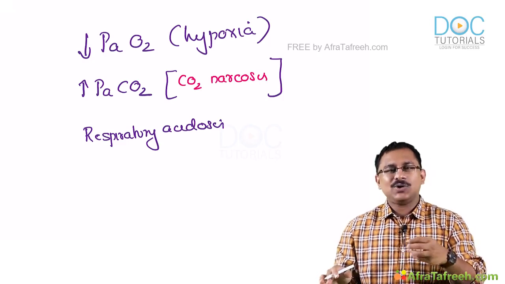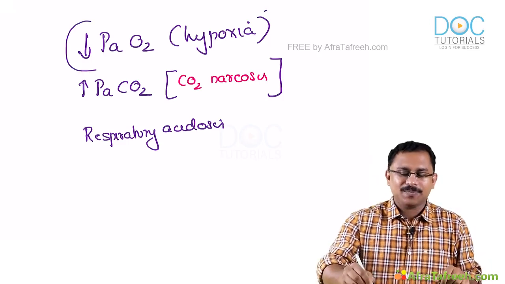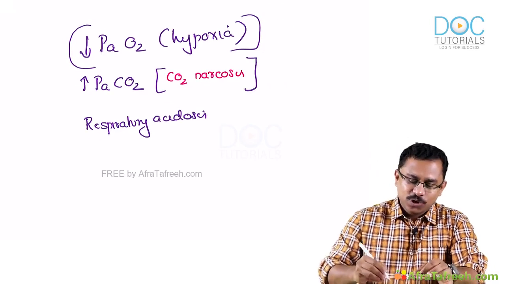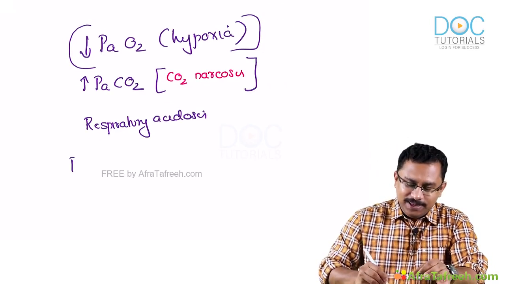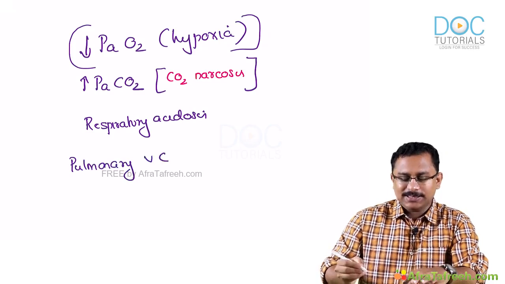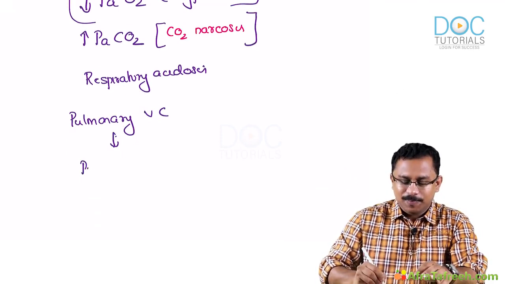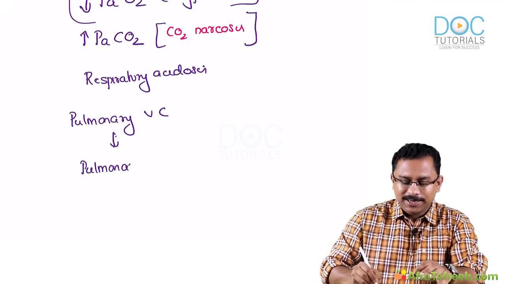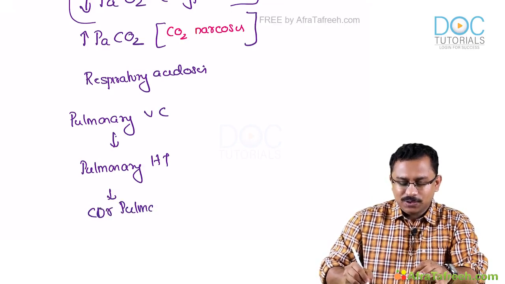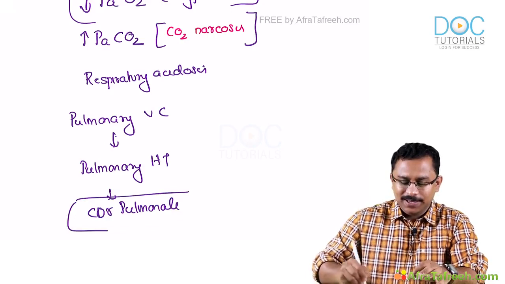And here also, since there is a hypoxia, in such a scenario also you will get what? You will get a pulmonary vasoconstriction. There can be pulmonary hypertension, and here also you can have a cor pulmonale.